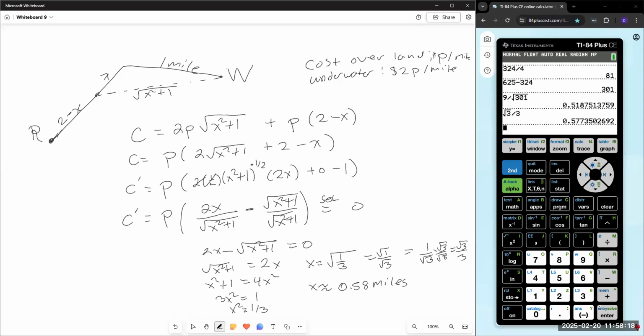miles for x. And again, I could have found C double prime, and it would have always been positive, and we would have been finding a minimum cost here.